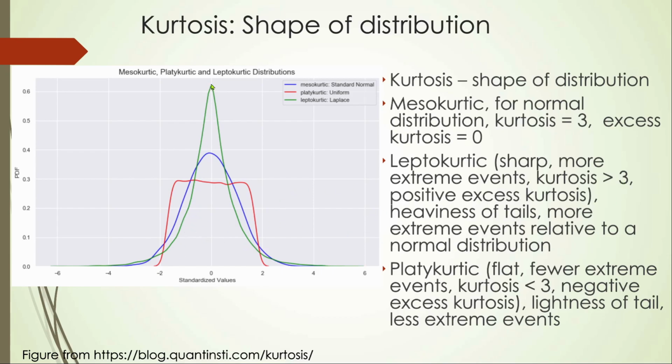It is sharp and has more extreme events relative to the normal distribution. Whereas the platykurtic curve, the red line here, is flat, with a kurtosis of less than 3, and has less extreme events on both ends.